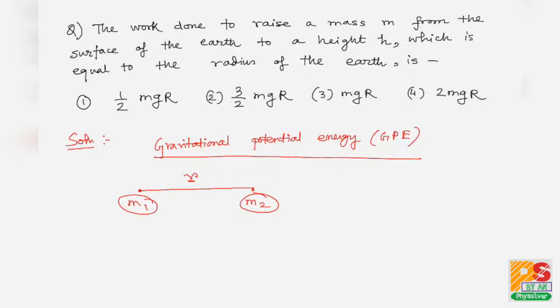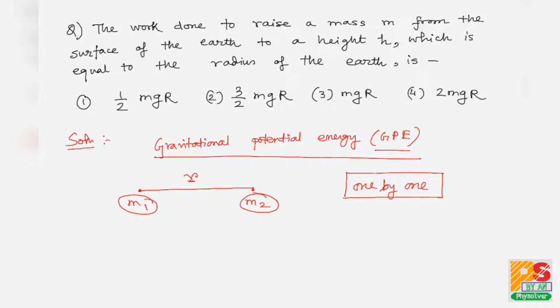What will be the GPE of this system? Let me first define GPE. Gravitational potential energy of a system of particles is nothing but the total work done in assembling the system by bringing each point mass one by one. This is very important, one by one. Total work done in bringing each point mass one by one from infinity to their respective positions. That's the meaning of GPE.